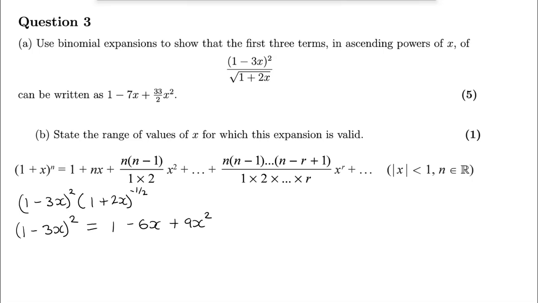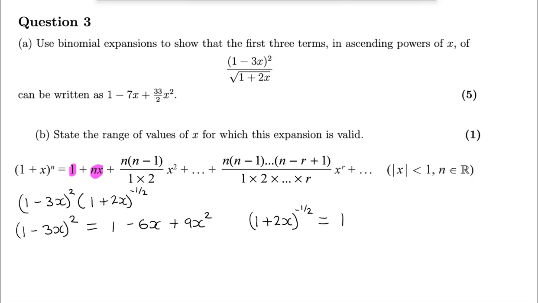Then we'll look at the 1 plus 2x to the power of negative a half. This is a little bit simpler than the last problem that we looked at because you've already got the 1 there, so there's no need to take anything out. This is a little bit more straightforward in that regard. So when I use the expansion, the first term is a 1.